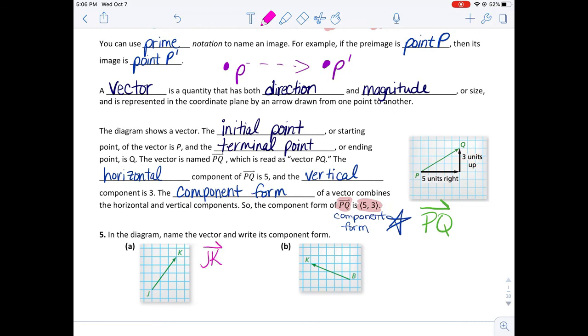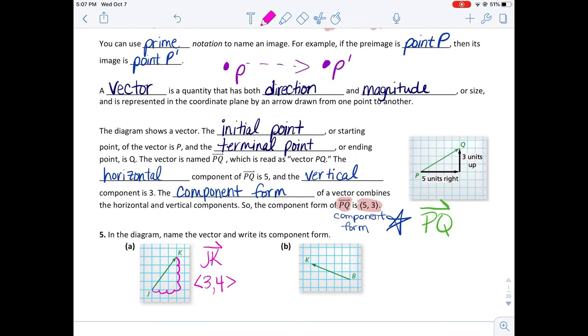And so now we're ready to write our component form vector. So we've got the pointy arcs on the outside. They kind of look like greater than and less than symbols. Just a little more narrow. So the first piece is how far we moved from left to right. So 1, 2, 3 is my horizontal component. And my vertical is 1, 2, 3, 4. So the vector JK, written in component form, is 3, 4.